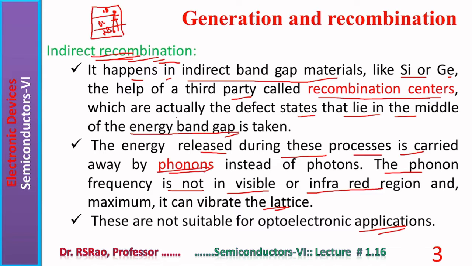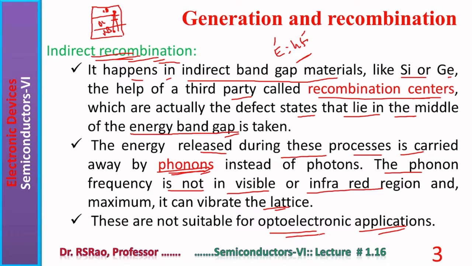As energy is released, the frequency of that particular energy is also small because energy is related to frequency through Planck's law, E equal to hf. Low energy means low frequency. That low frequency energy, it is carried away by phonons. These are not suitable for optoelectronic applications.